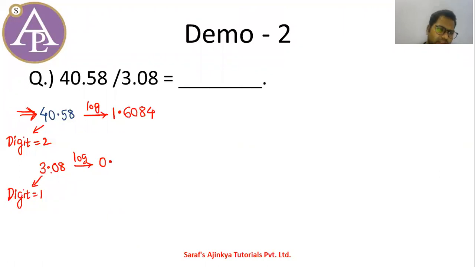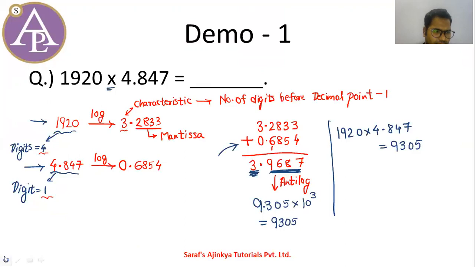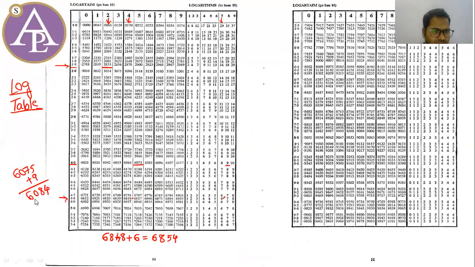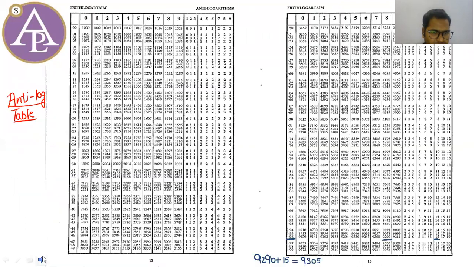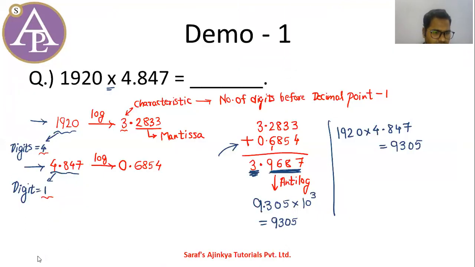Correct. Now 308. What are our digits? For the second, it is 38. So 308. So now you have to look at 30. This is 30 and this is 8. So it is 4886.